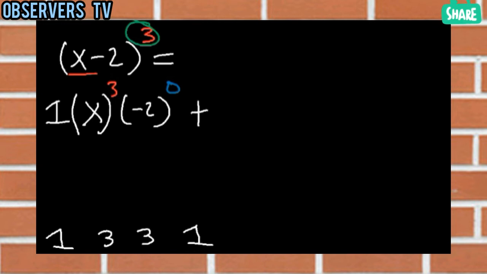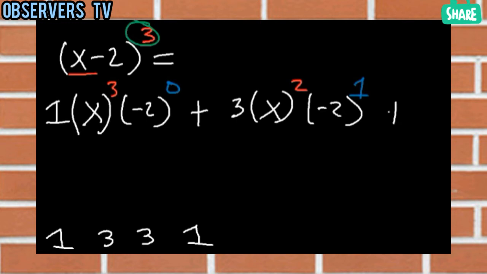Now, the next term will have the second coefficient of 3. Now, the exponent of x will decrease to 0, and the exponent of negative 2 will increase eventually to 3. So this is going to be x squared, and the next one is going to go up to 1. Now the third term will have a coefficient of 3.